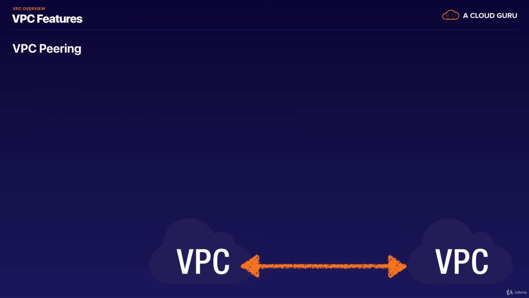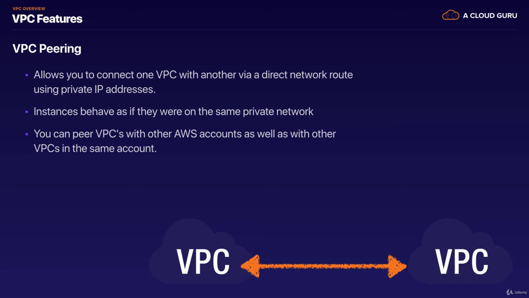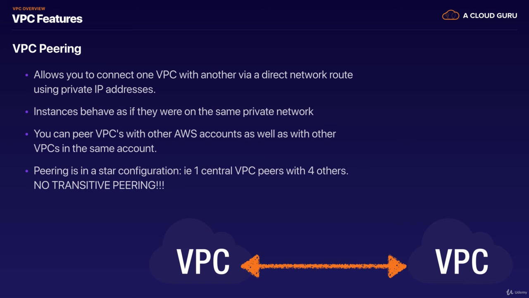We can also do VPC peering, which we're going to look at later on in this section of the course. This allows you to connect one VPC with another via a direct network route using private IP addresses, and instances behave as if they were on the same private network. And you can peer VPCs with other AWS accounts as well as with other VPCs in the same account.